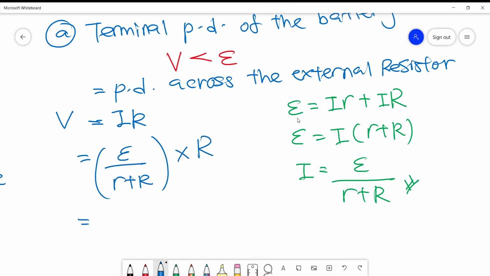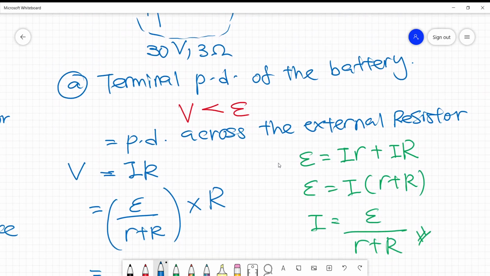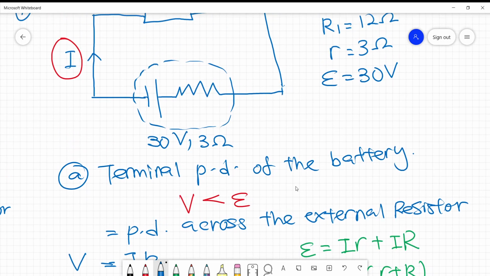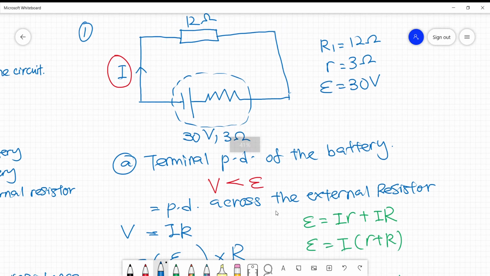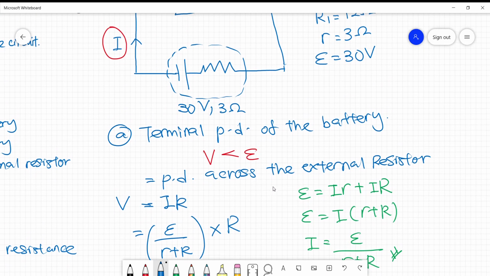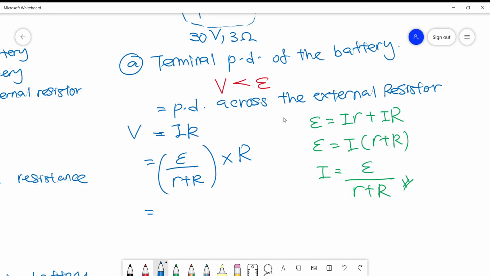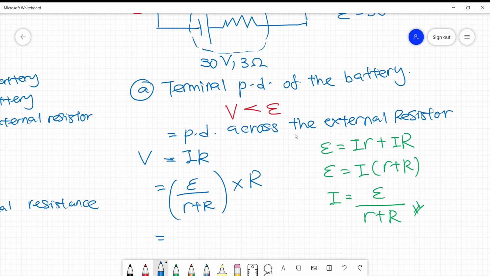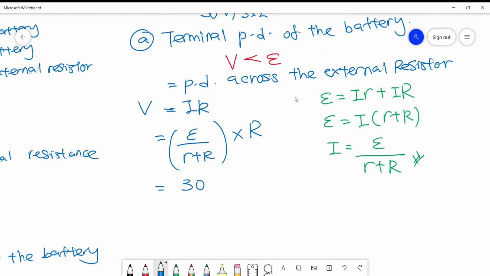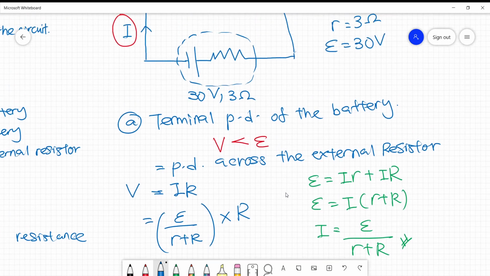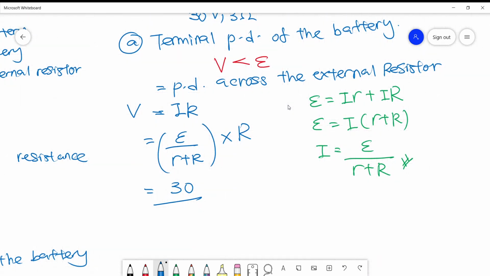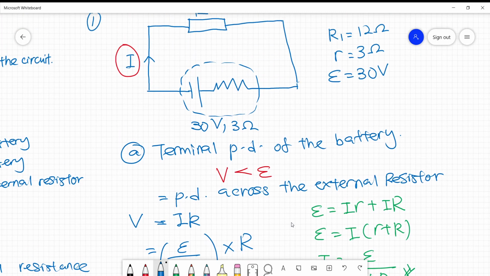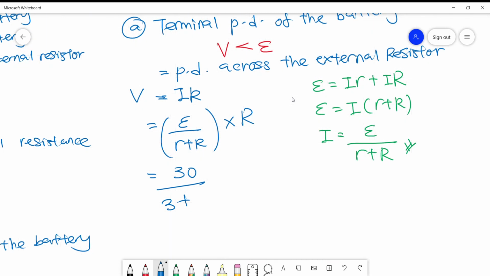What we need to do is sub in all the related values. The electromotive force is 30, divided by 3 plus 12, times 12.